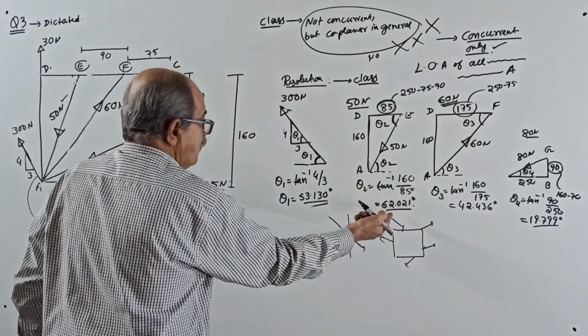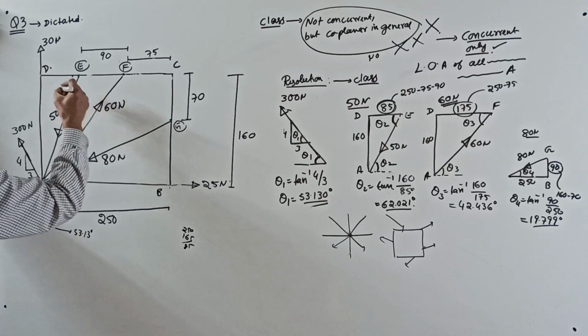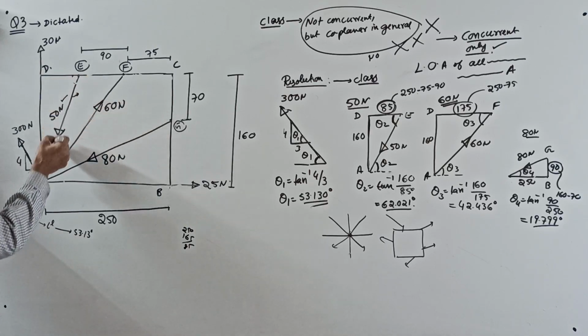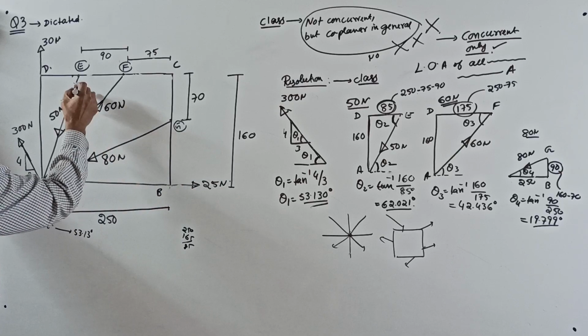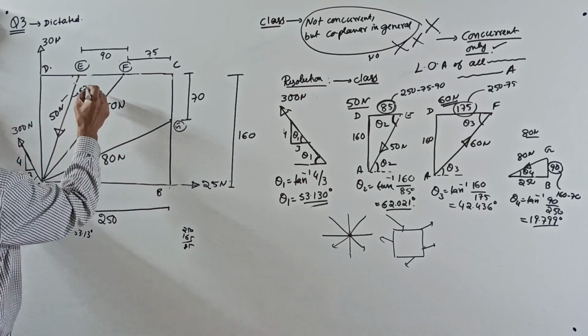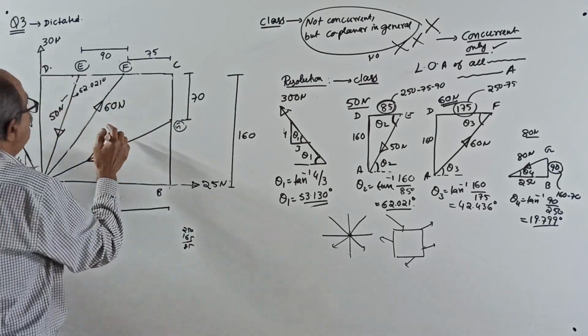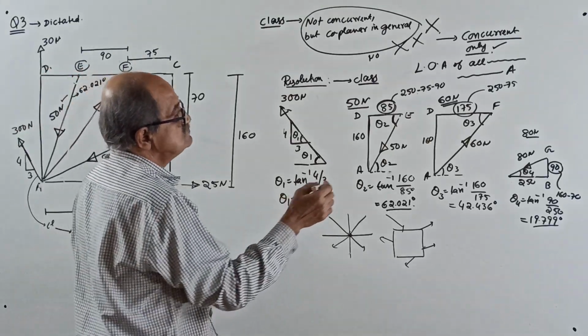Later make a note here: for this one, the angle made by this force with the horizontal is 62.021 degrees. Okay, now go to the next force, 60 Newton force.